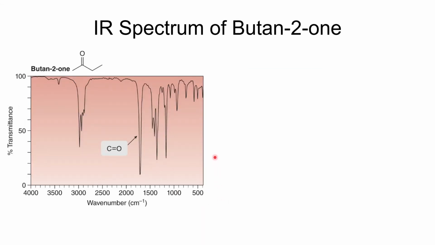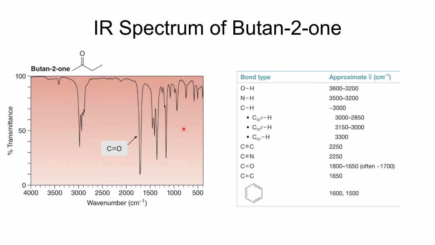All right, here is butan-2-one or 2-butanone, if you want to call it that. Again, the most prominent peak here is the carbonyl, which is at about 1,700. But then we also have the carbon hydrogen, the sp3 hybridized carbon, which is 3,000 to 2,850.